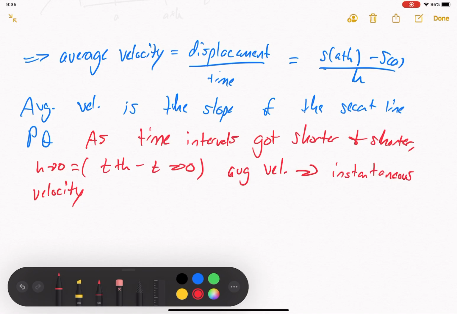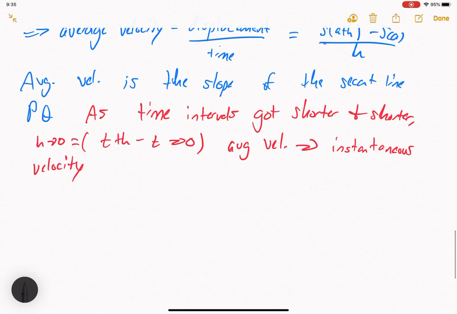All right, so basically what this is saying, oh, I should be careful. Yeah. So remember, now we can define velocity in this kind of case.